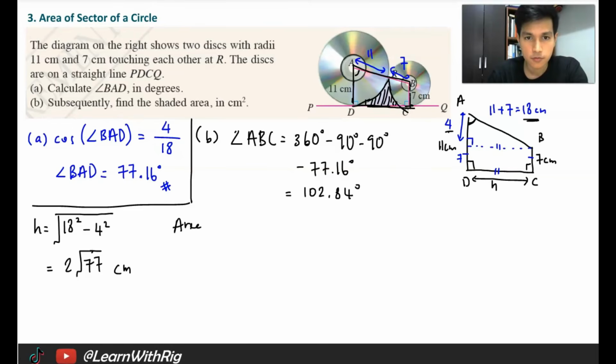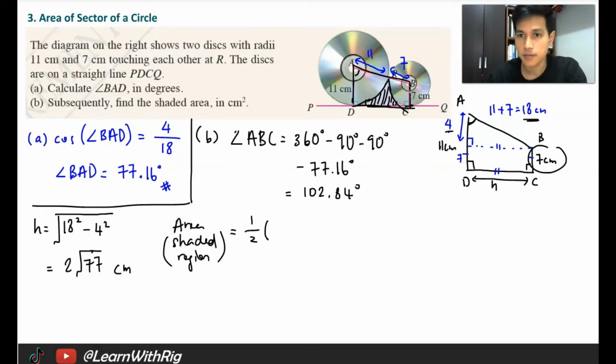Area of shaded region is equal to the whole area, the area of the trapezium, so 1 over 2 times a plus b. What is a and what is b? The two parallel sides. Please don't take this and this, it must be the parallel sides. So the parallel sides are 7 and 11.